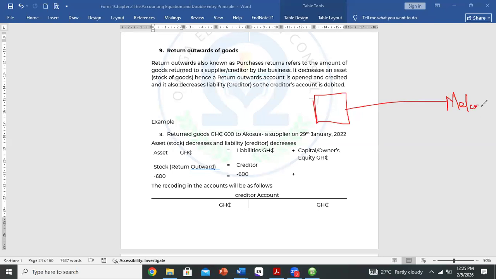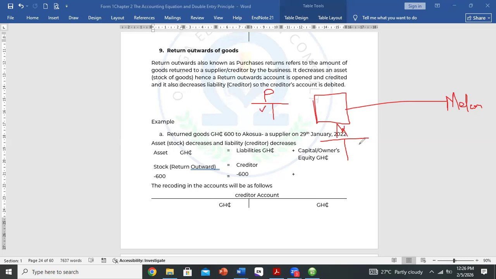So that's where I get my goods to sell as a business. So if I go for the goods and I don't pay, then Malcolm becomes what? A creditor in my books, right? So I'll have Malcolm's account as a creditor. And the other account to be what? Purchases. Because if I buy goods from Malcolm on credit, I would debit my purchases account. So let me use P. And then I'll credit Malcolm, the creditor, right?